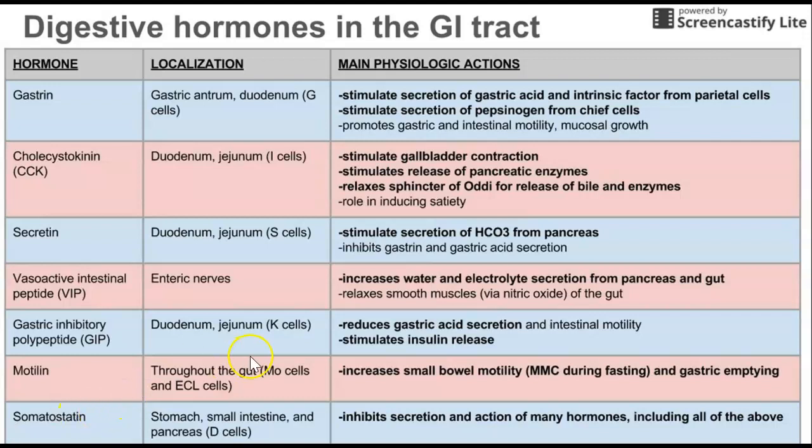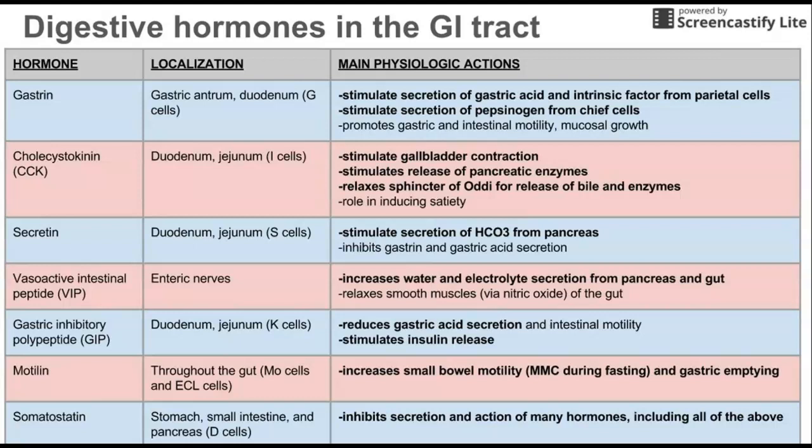Once food is brought into the digestive system and gastrin is released, it is going to hit parietal cells and stimulate them to release gastric acid, which is HCl, hydrochloric acid, and also to release intrinsic factor. It's also going to stimulate the secretion of pepsinogen from the chief cells.